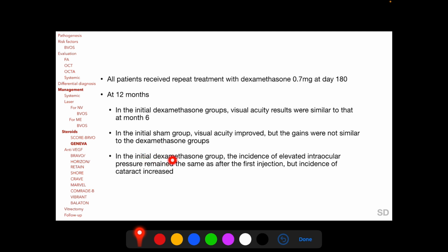Also, in the initial dexamethasone group, although the incidence of elevated intraocular pressure remained the same at 12 months as at the end of 6 months following the first injection, the incidence of cataract increased in the second 6 months as compared to the first 6 months, following the second injection at 6 months.